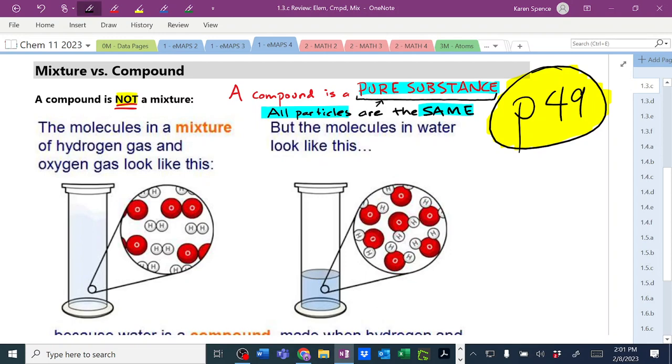But over on the left, we have O2 particles, and we have H2 particles.